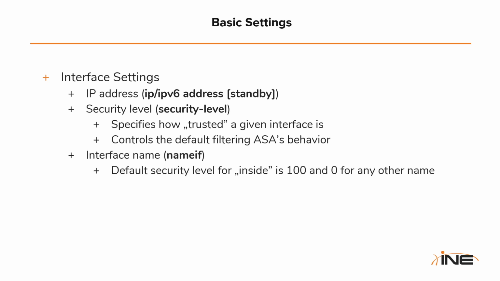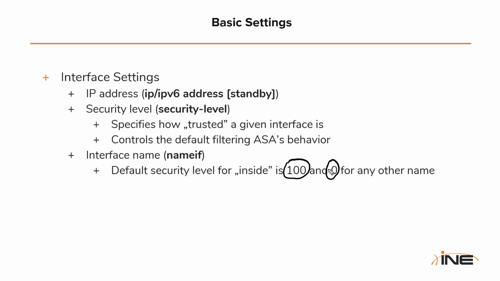Once we configure an address and a security level, we will also want to configure an alias for the port. This is needed to activate the interface and to activate it for data forwarding. And note that if you name the interface as inside, it's going to automatically assume a security level of 100, versus when you use a different name than lowercase inside, it's going to automatically assume a security level of 0.